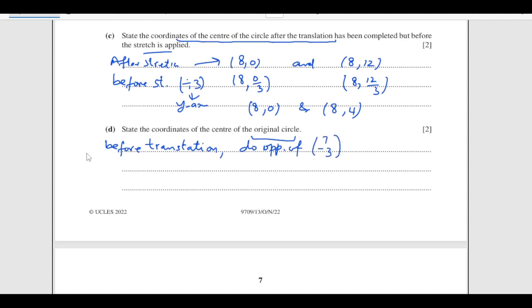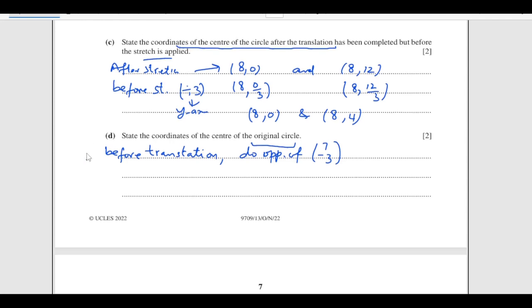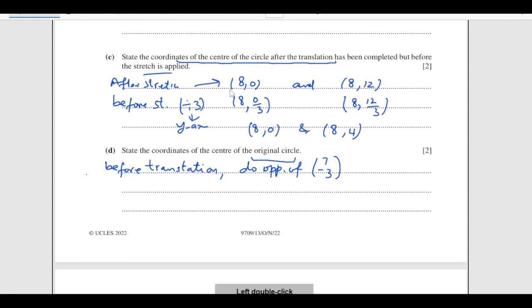So this is +7, so we will do -7. So the coordinate was 8 and, sorry, I think we missed something here. Yeah, here we have to find out the coordinates.